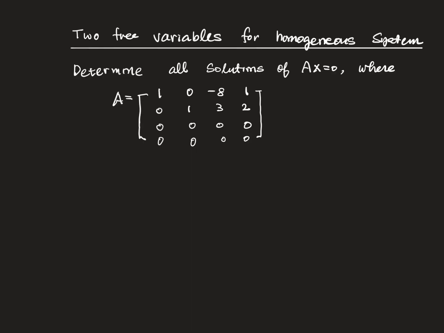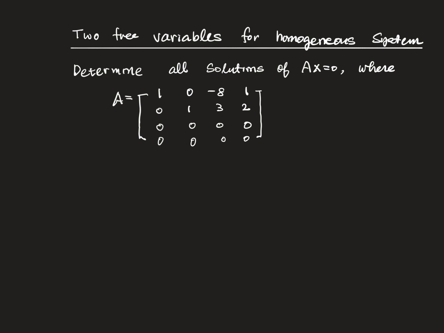Now, we worked on a homogeneous system with one free variable, but there are also systems with two free variables. For a homogeneous system, I always give just the coefficient matrix right there because the constant matrix is always 0. Look at this homogeneous system with this coefficient matrix, okay?